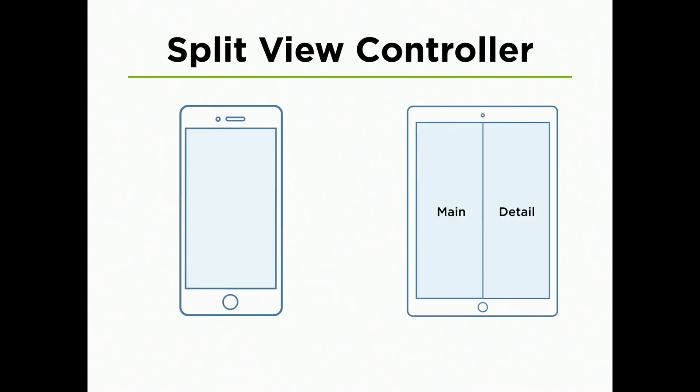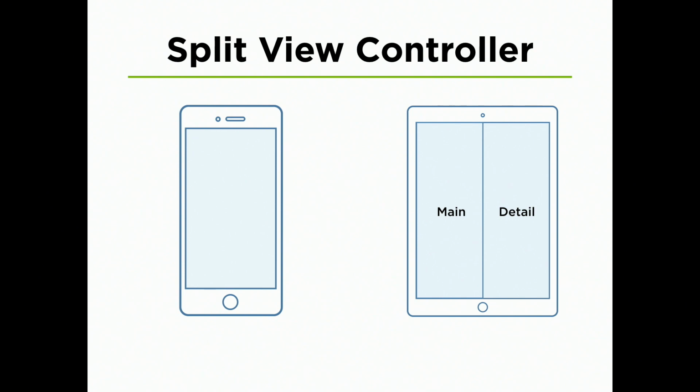Looking at some of the ways we can use that, we can use the size classes to our advantage in laying out multiple pieces of content. The obvious example of view controller containment is split view controller, which has been around for a while. It shows a main and detail view controller, just two pieces of content on screen simultaneously.